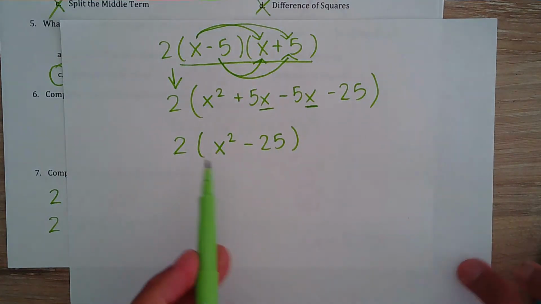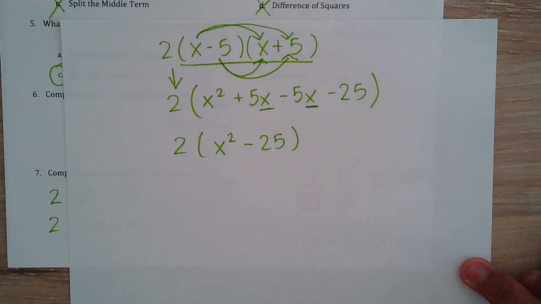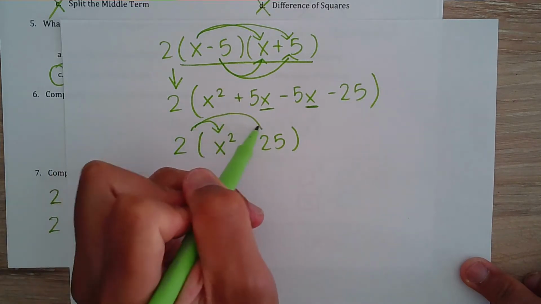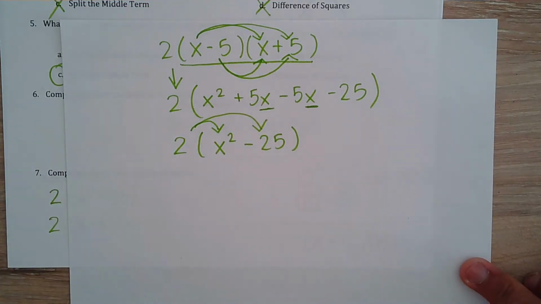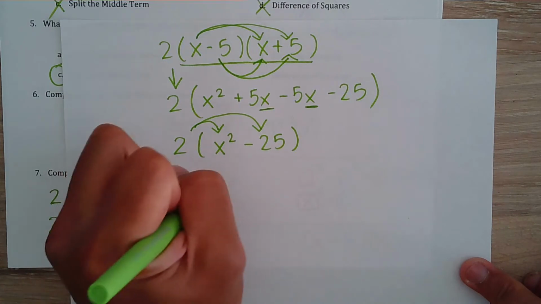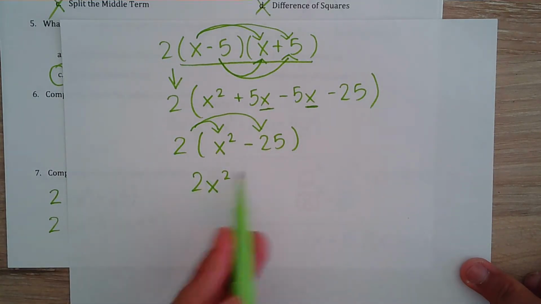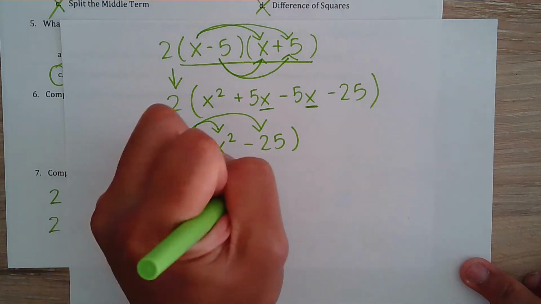And so this should start to look familiar. And then now, remember when we factored out the 2 at the beginning, as you guys know, the opposite of factoring is distributing. So we distribute that 2 inside, and we should get our original problem. 2 times x squared is 2x squared. 2 times negative 25 is negative 50.